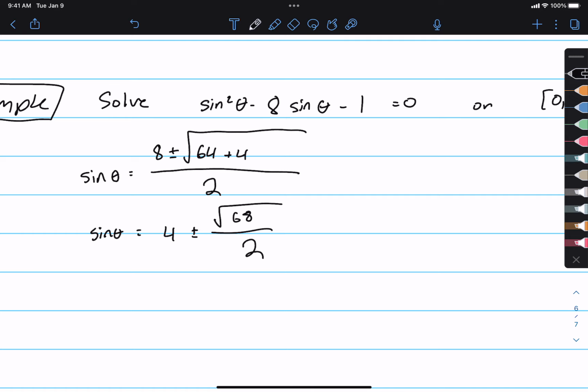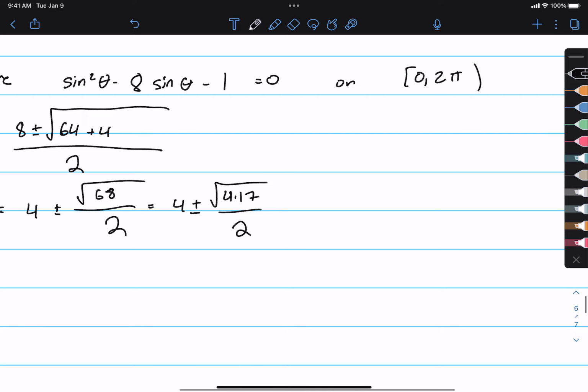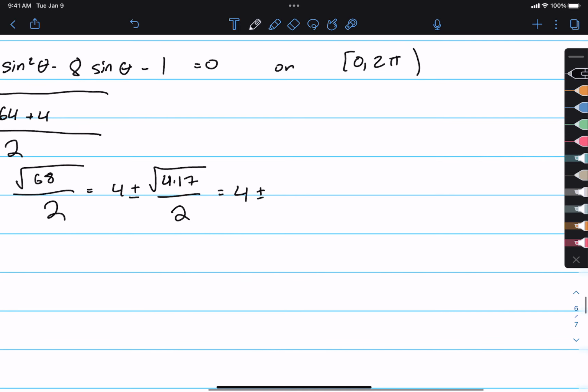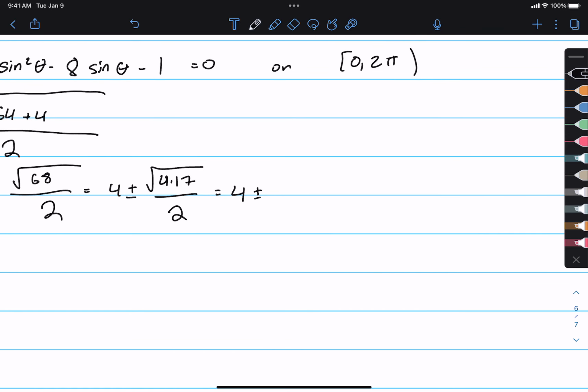And we know that 68 is 4 times 17, so we have 4 plus or minus the square root of 4 times 17 over 2. And we can factor this 4 out of the radical. So we're going to get 4 plus or minus 2 root 17 over 2, which is 4 plus or minus the square root of 17.